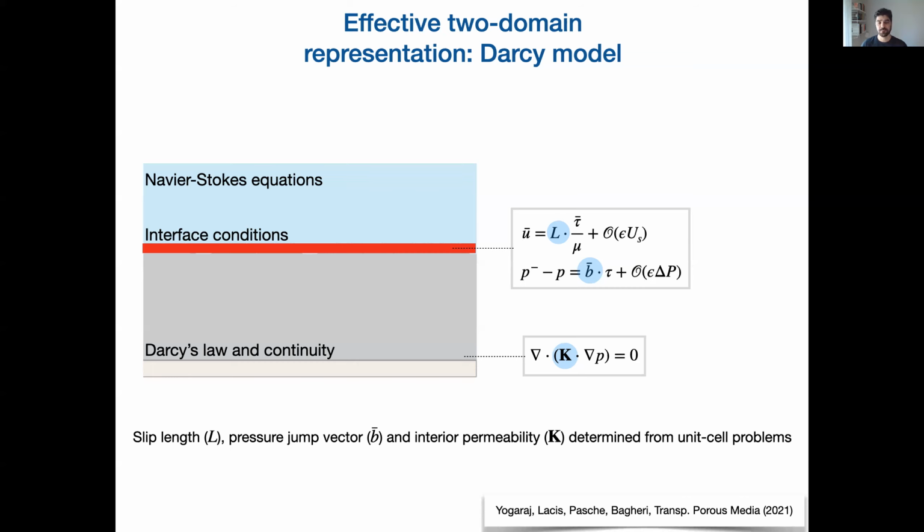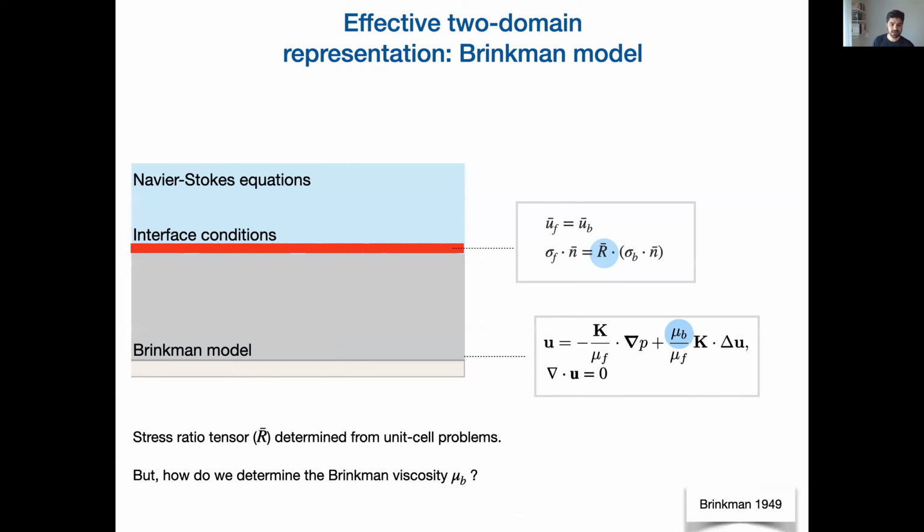A different approach is to use the Brinkman model instead of Darcy's law for the porous material. Again, you have Navier-Stokes in the free flow, but now, in addition to the Darcy term for describing the porous material, you also have a second derivative or diffusion term for the pore velocity inside the porous material, as you can see there, circled in blue.